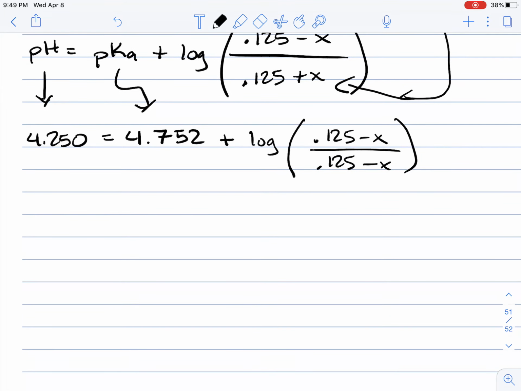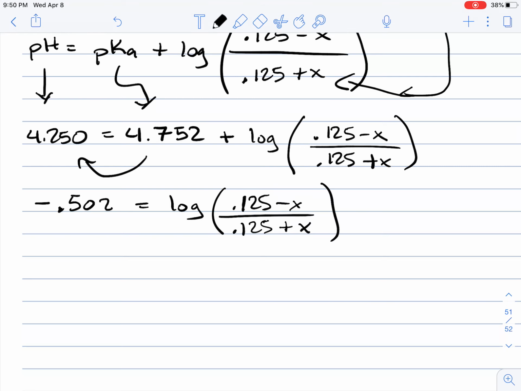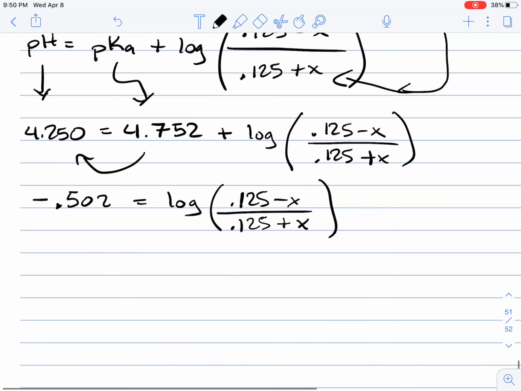So now I'm simply going to solve for x by using rules of algebra. I'm going to move this guy over to the other side. That's going to be negative 0.502, which equals the log of 0.125 minus x over 0.125 plus x. So I'm going to go ahead and take the antilog of both sides.